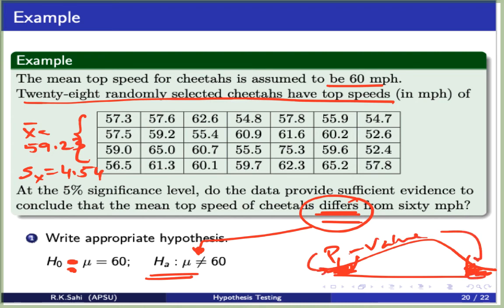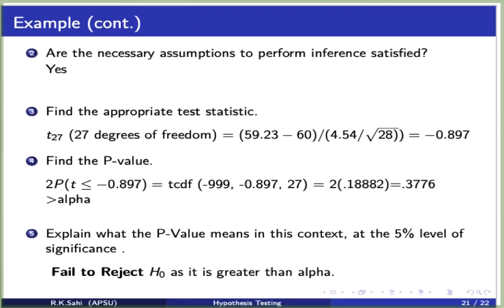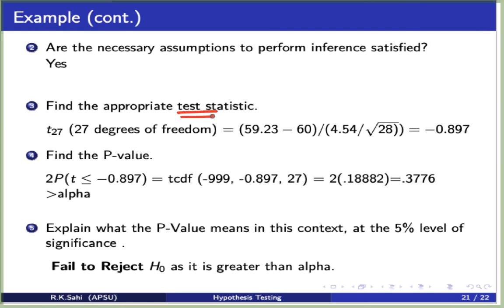Okay. So as we randomly picked, that means simple random sample, 28, definitely more than that, which tells us that our assumptions are satisfied. Then we have to find the appropriate test statistic. Remember, we are using sample standard deviation. Plugging in the numbers, we get negative 0.897. P-value, I'm using twice. Please keep that in mind.